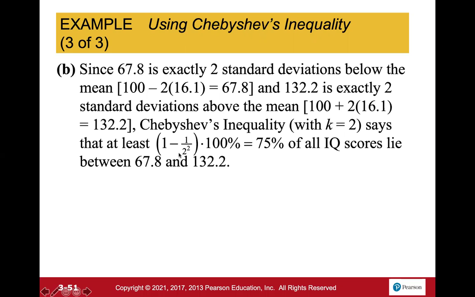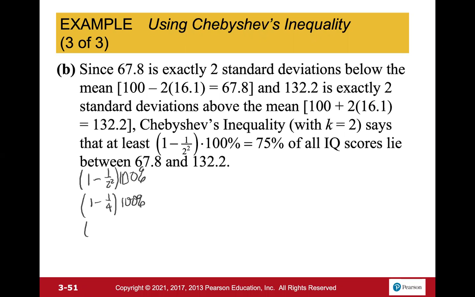And exact same way, so 1 minus 1 over 2 squared times 100%. So this time it's 1 minus 1 over 4 times 100%. 1 minus, well, not 1, because we want to rationalize it.